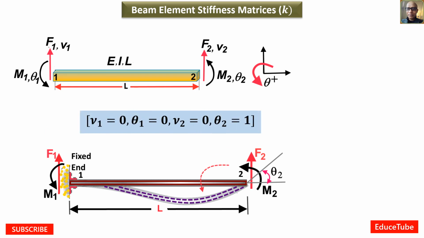The fourth column of the stiffness matrix, it is the set of forces and moments corresponding to this set of displacement and rotations. Here, last thing, theta 2 is considered 1, others are 0. So here node 1 is fixed.